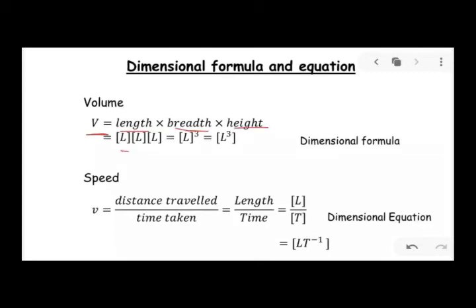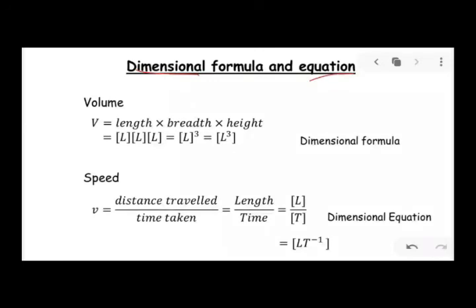Length has a fundamental quantity L, breadth also L, height also L, and we will multiply these. How many times do we have to multiply? 3. So you have L to the power 3. So L cube, and I can take this cube inside the bracket. So this is my dimensional formula of volume.